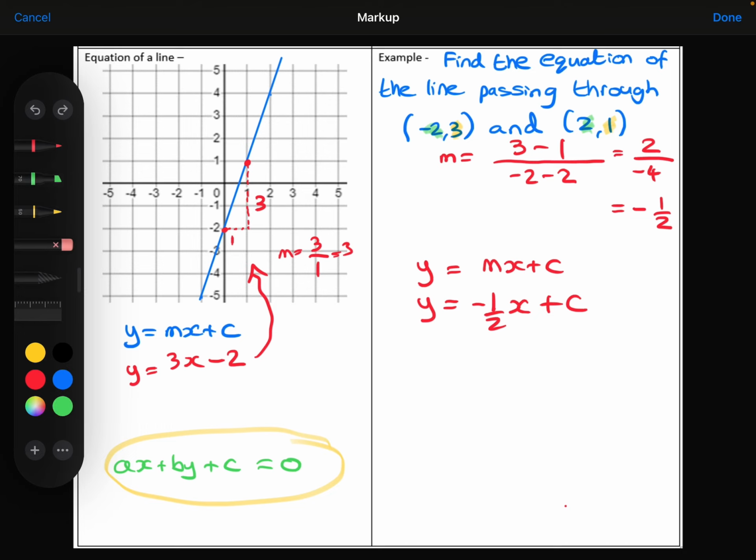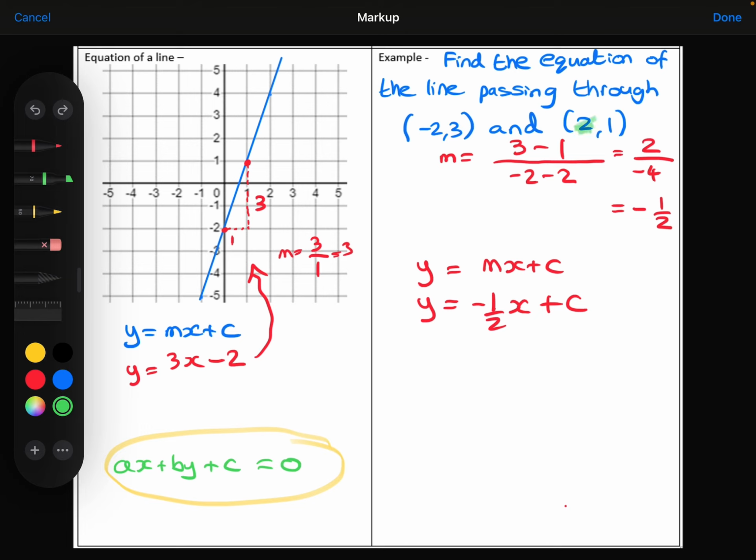But that's fine, because I do know 2 points that the line goes through. I know it goes through the point minus 2, 3, and it also goes through the point 2, 1. So I could substitute either of those into this equation to help me to work out what c is. It doesn't matter which you do, but I'm going to choose to do this one just because I don't have to deal with the negative that way. Just makes my life a little bit easier.